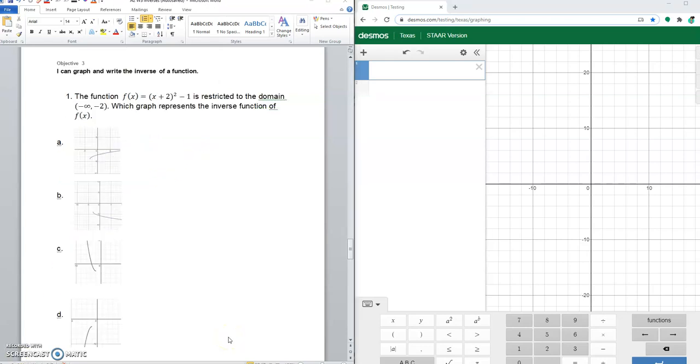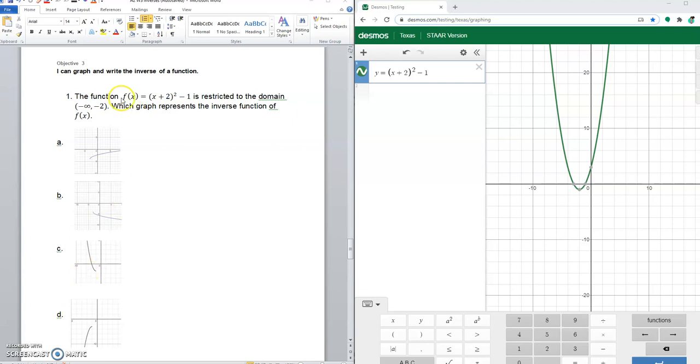Objective number 3: I can graph and write the inverse of a function. Number 1 example, the function is restricted to the domain. Which graph represents the inverse of the function f(x)? Let's go ahead and graph this with the restriction. This is a graph of f(x), and now we're going to put the restriction on the side using the inequality notation.